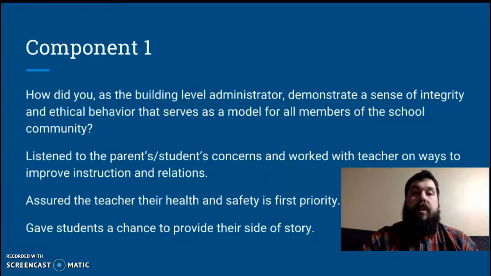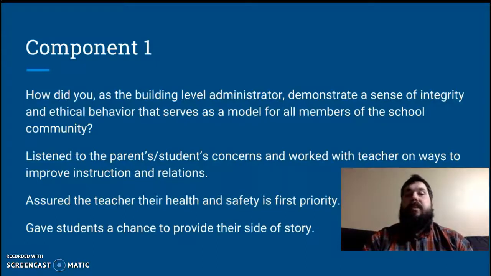In order for an administrator to have a sense of integrity and ethical behavior, and model that for everybody, it is first to listen to either parents or students' concerns, and then work with the teacher on ways to improve instructions and relations. Also, assure that the teacher's health and safety is the first priority.